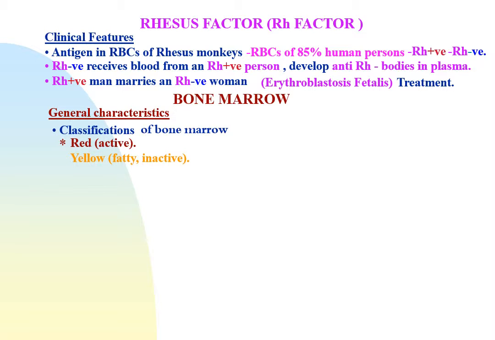In adults, it is found in the epiphyses of long bones, flat and short bones. Yellow or fatty or inactive bone marrow is found in shafts of long bones of adults.